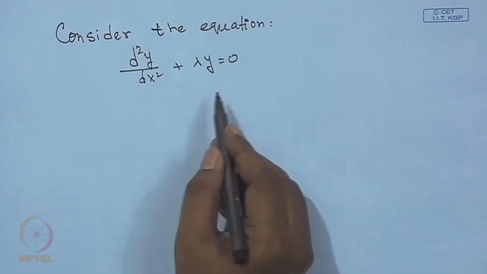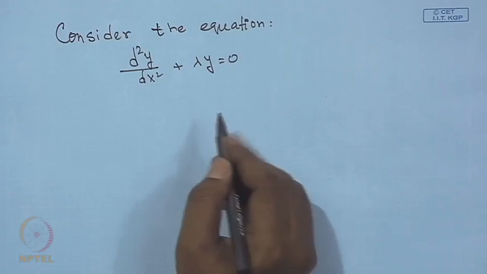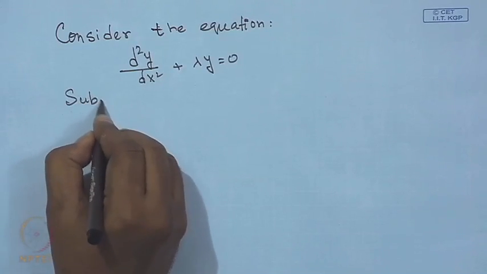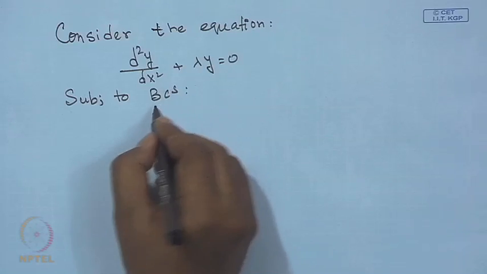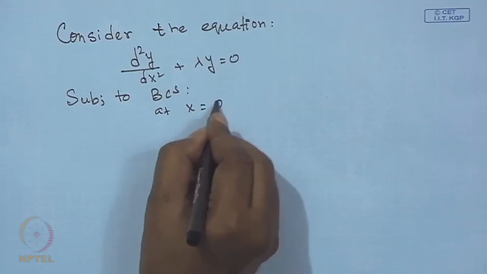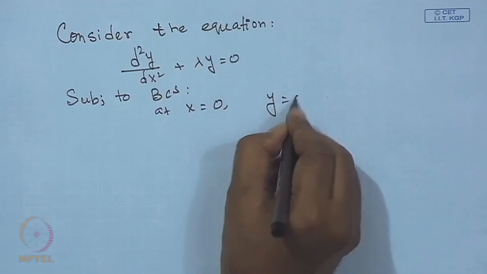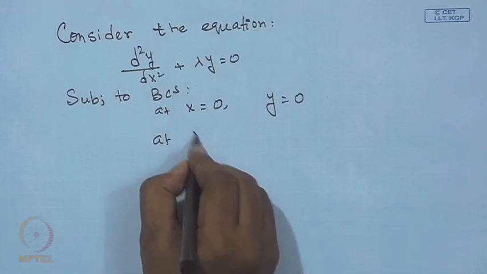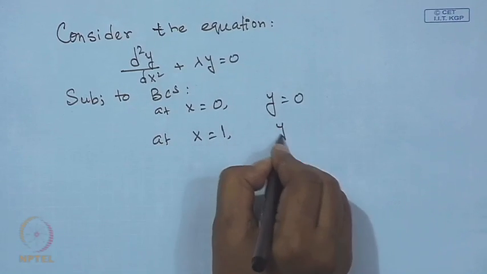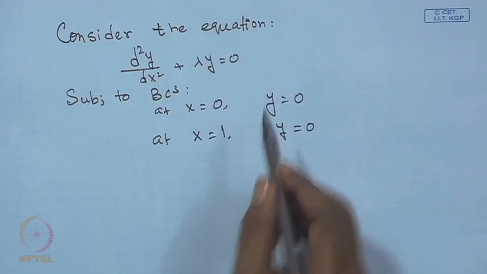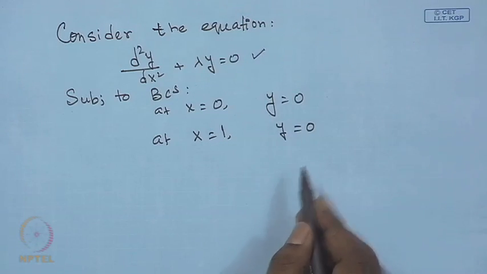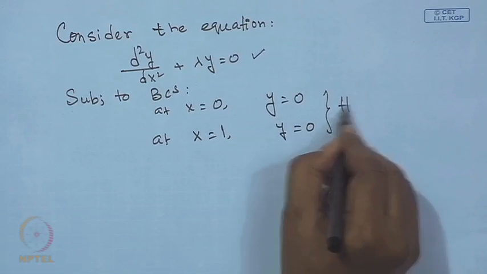Let us consider a second order ordinary differential equation of this particular form subject to the boundary conditions: at x is equal to 0, y is equal to 0, and at x is equal to 1, y is equal to 0. So, we have selected a homogeneous equation with homogeneous boundary conditions.